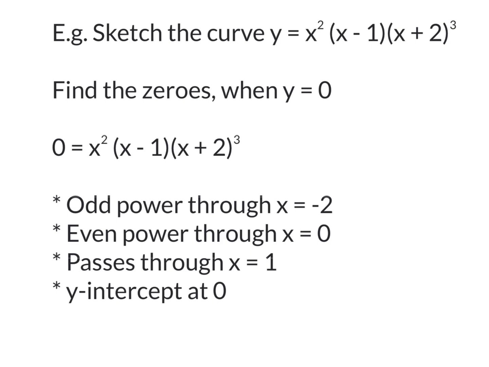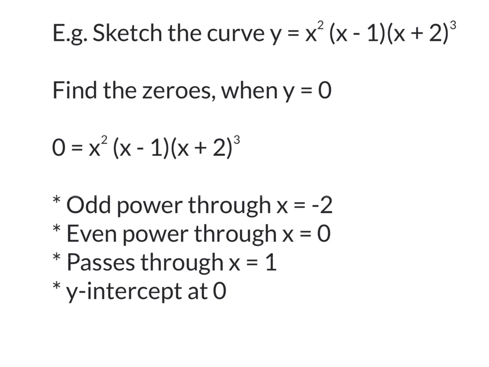So for that curve, x squared times (x minus 1) times (x plus 2) all cubed, we find the zeros when y equals 0. For the (x plus 2) to the power of 3, we let x plus 2 equal 0 and get x equals minus 2. Because it's an odd power, at minus 2 it will snake through as an odd power does.